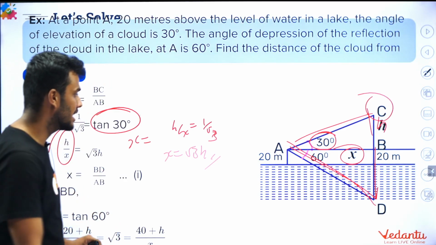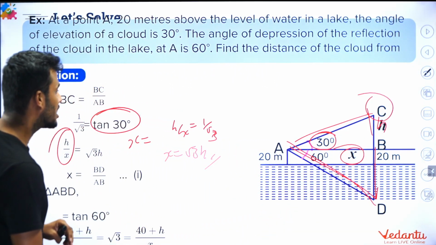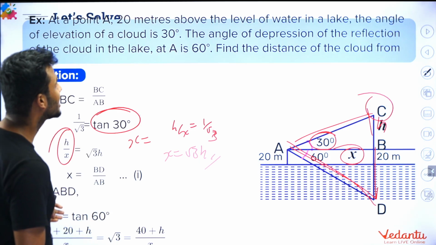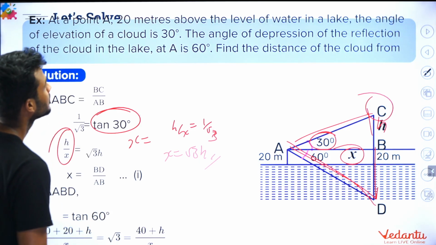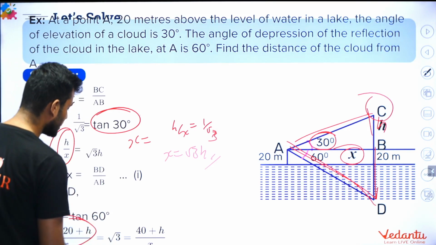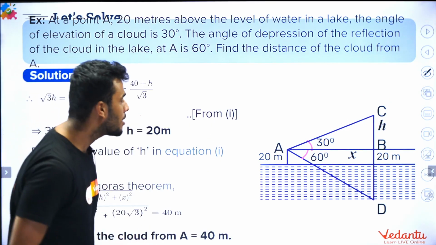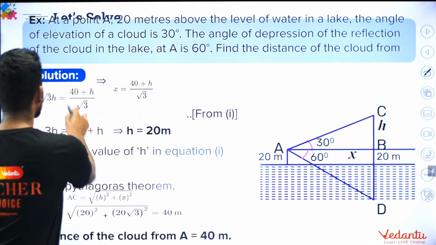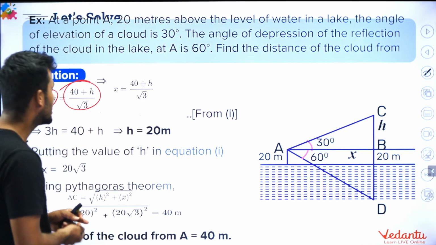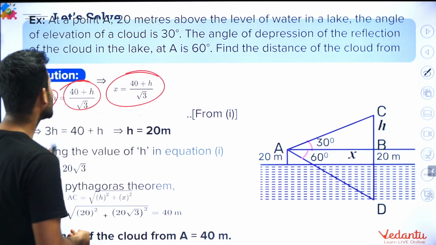In triangle ABD, what is the tan 60 value? Finally we can write 20 plus 20 plus h by x, which is root 3. From this, root 3 h is equal to 40 plus h by root 3. Root 3 h is nothing but x.